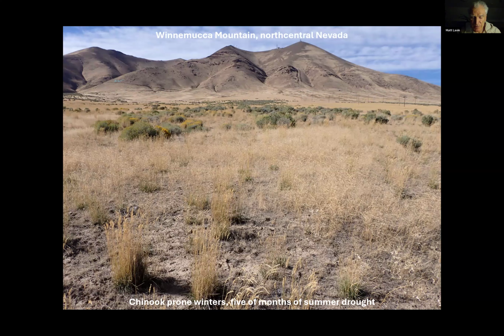These basins have Chinook-prone winters, in other words, mild winters. Snowpack isn't persistent, in addition to about, say, 5 months of summer drought. This is where the sagebrush steppe has been transformed by humans into vegetation with abundant introduced plant species.